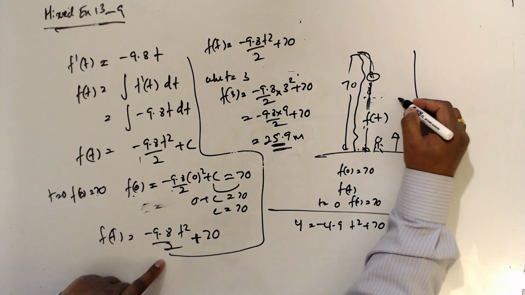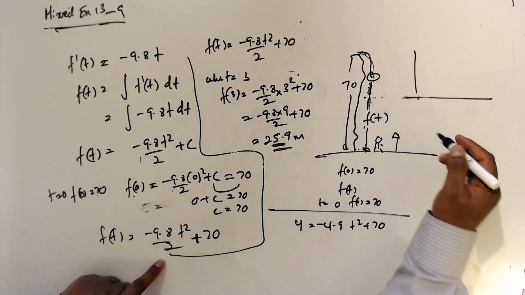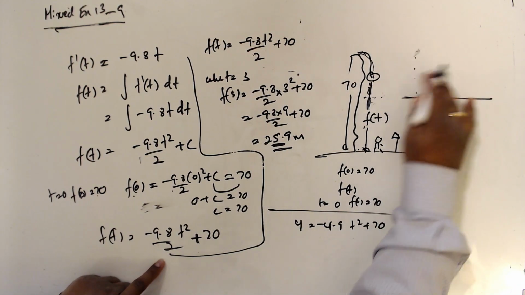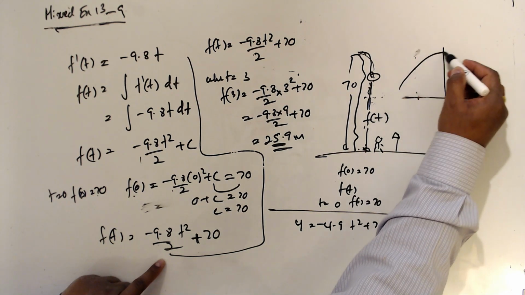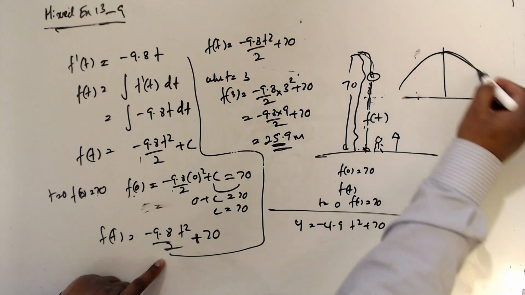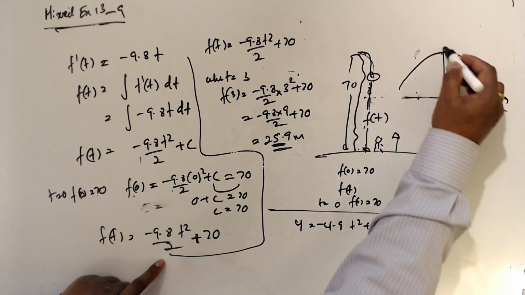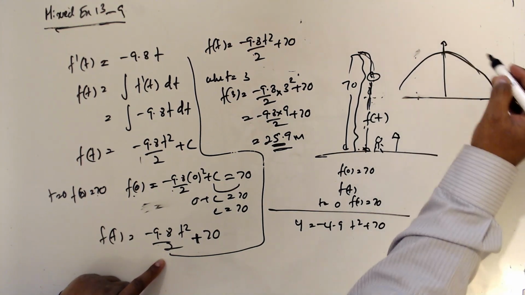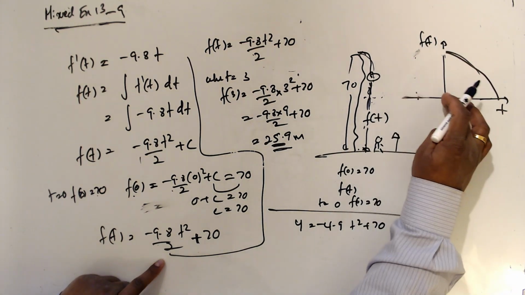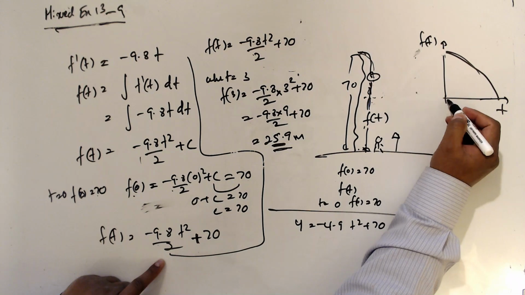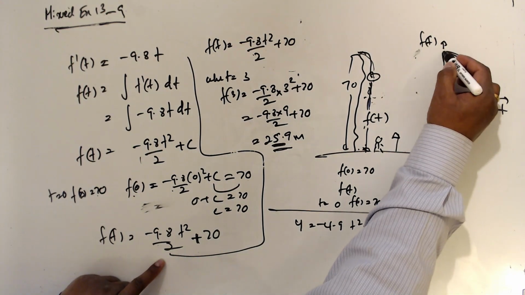Basically this kind of graph, and this is t and this is f(t), and there is no negative side because time can't be negative.